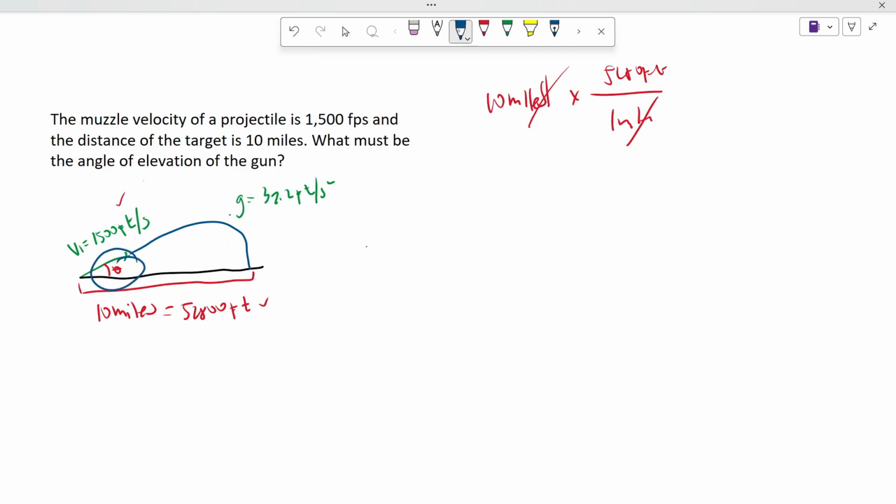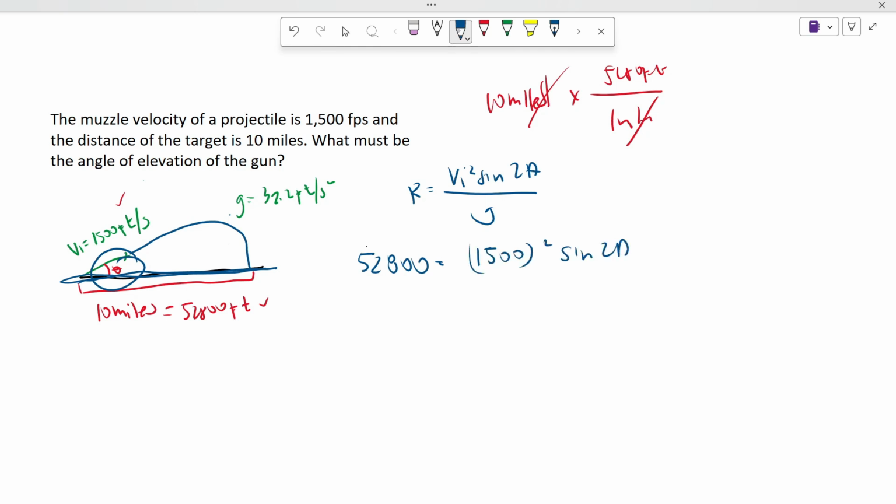The angle of elevation of the gun, guys, since the object is only thrown along the horizontal, guys. It is just on this straight, flat surface, guys. It means we can use the formula R is equal to VI squared sine of 2 theta over G. Since the range is 52,800, the initial velocity is 1,500, sine of 2 theta over 32.2.